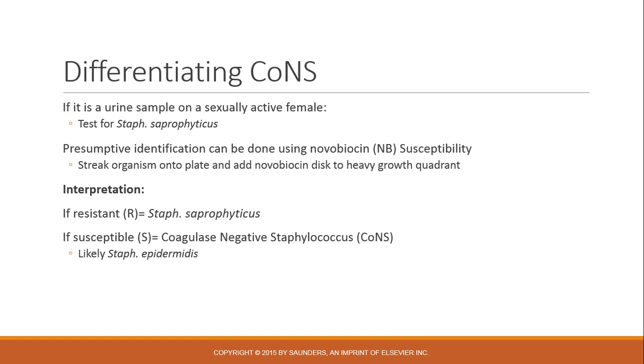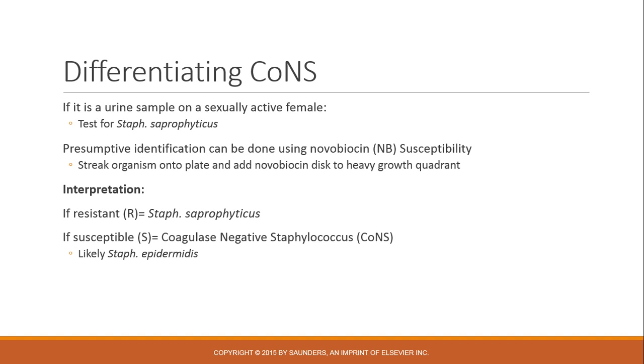I like to use a swab because I feel like it does better than a loop. So once you've got this nice heavy inoculum on your plate, you put the novobiocin disc in the center of that plate. This is an antibiotic, and basically you're looking to see if the organism is sensitive to the antibiotic or resistant to the antibiotic.